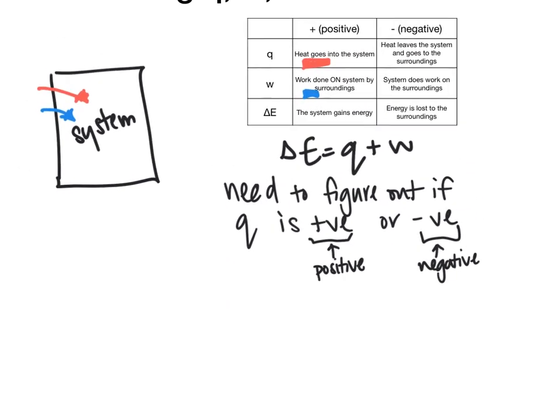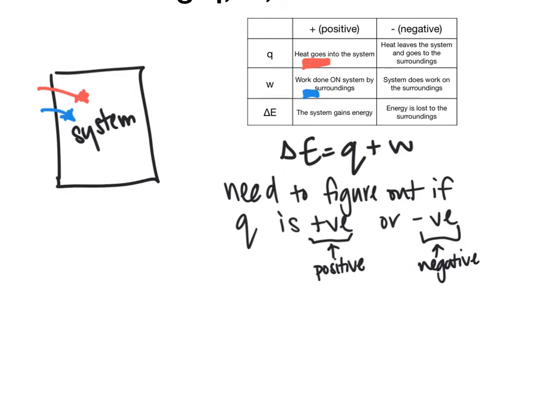And so you might be like, this doesn't sound super complicated, but it's all about where our point of reference is. So in this example over here, on the left side, we have a box that talks about the system. Heat goes into the system. But we also need to remember that heat going into the system is heat leaving the surroundings.